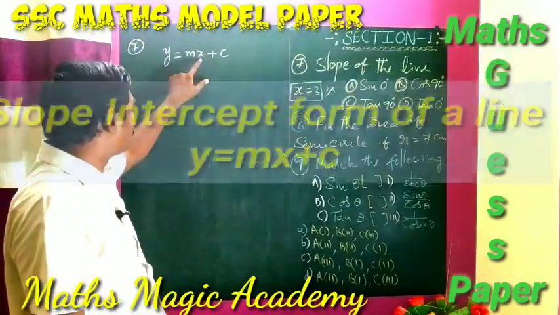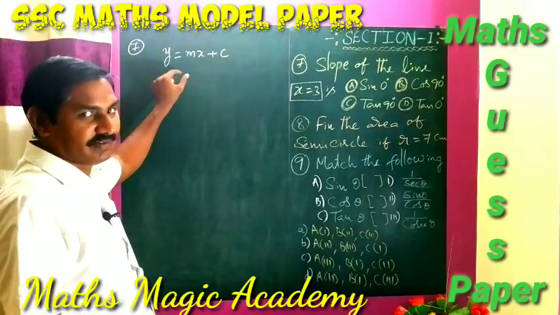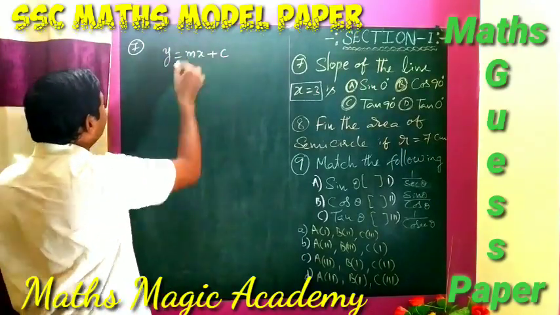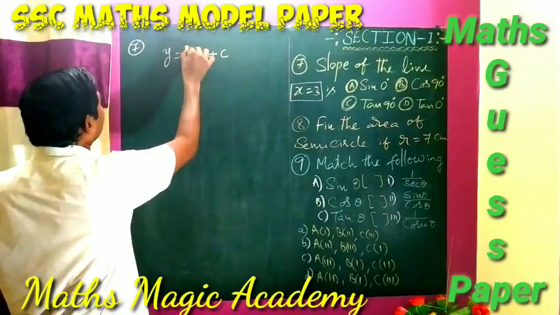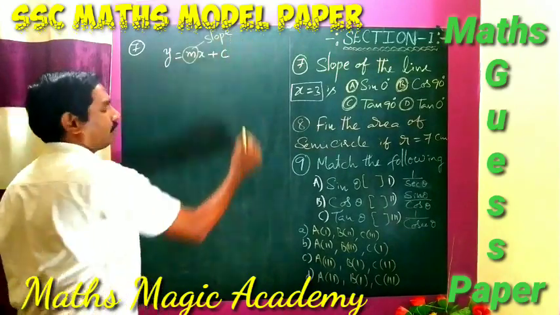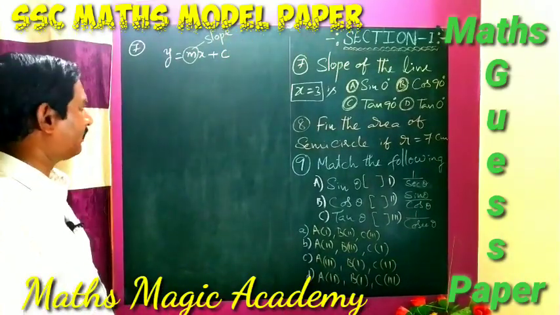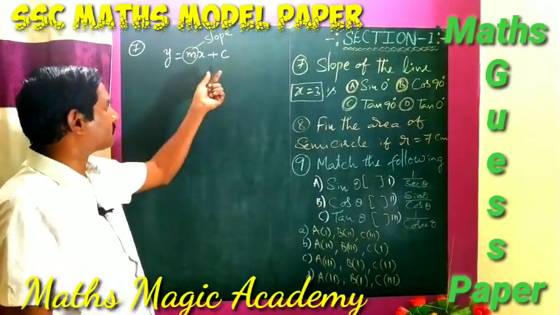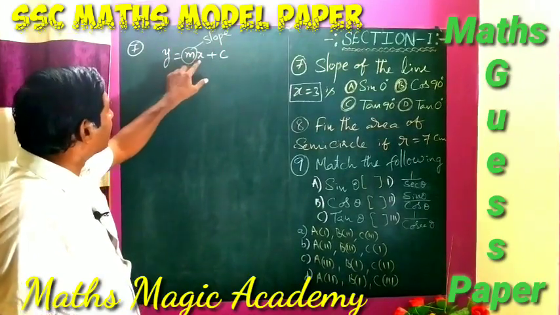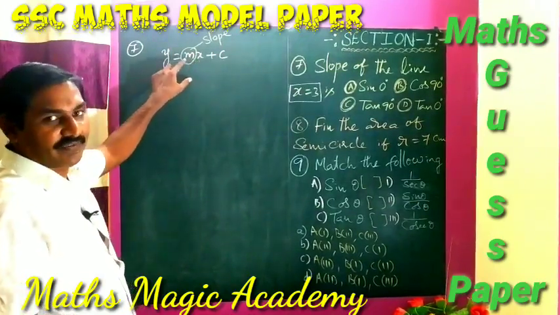That means one point x and y is there, one equation is there. Then we can find the m, whatever the m is there, that is nothing but slope. If the equation is in the form of y equals to mx plus c, then m is the coefficient of x.